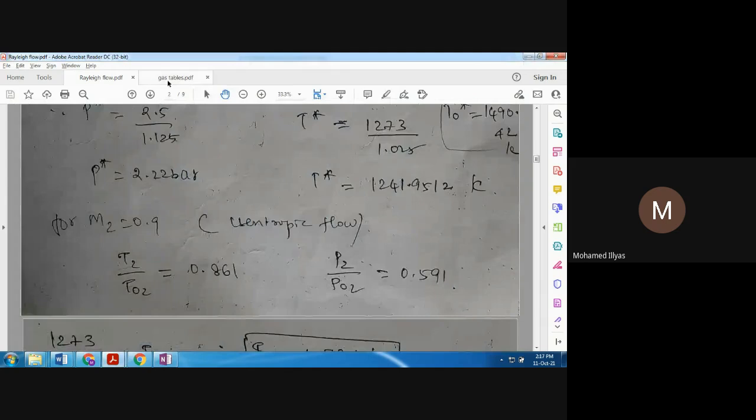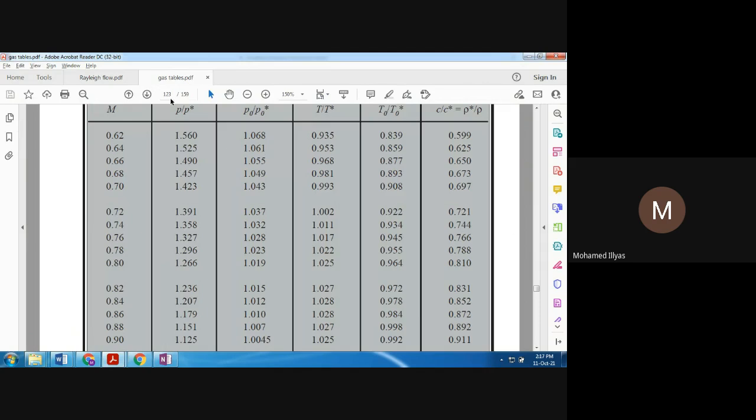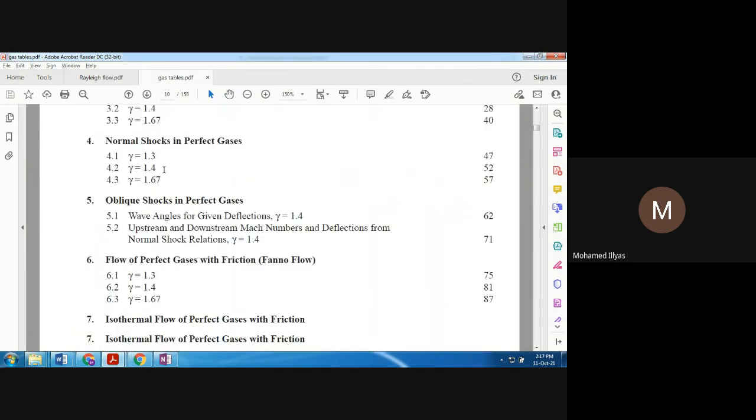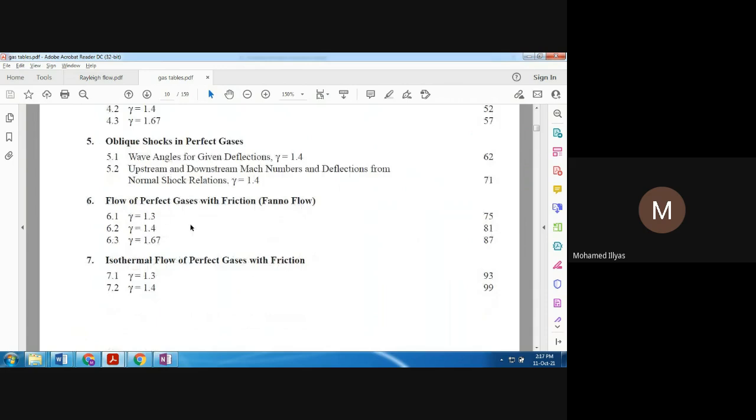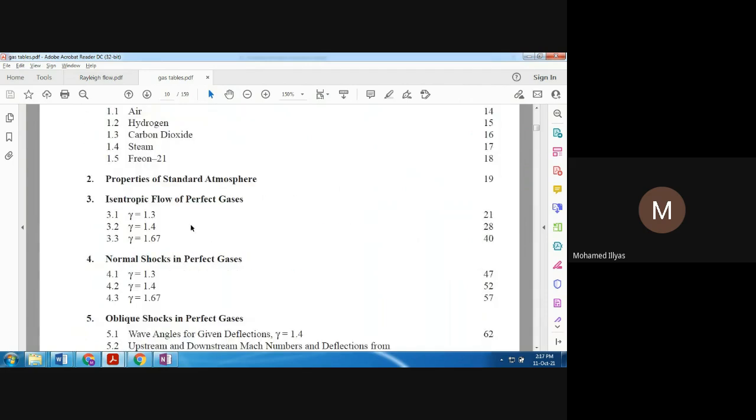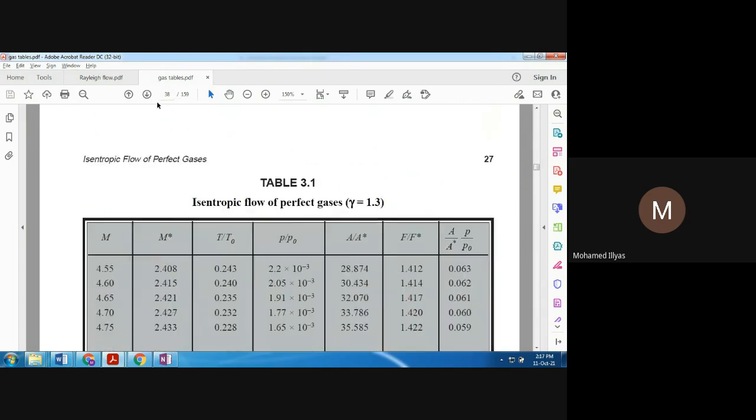Now corresponding to this M2 0.9, we can take T by T naught and P by P naught. So let us go back to our isentropic table, page number 28, correct, for gamma 1.4.